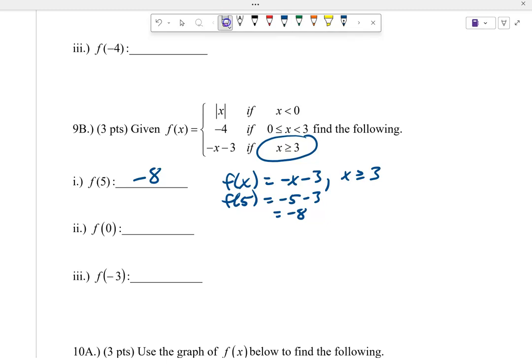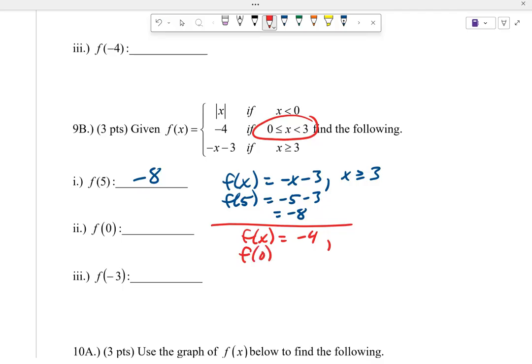Now the second one says, what's f of 0? Well, is 0 less than 0? No, it's not. Is 0 less than 3 and greater than or equal to 0? Yes, it is. So I'm using that second one. f of x equals negative 4. There's nowhere to plug the 0 in for x.